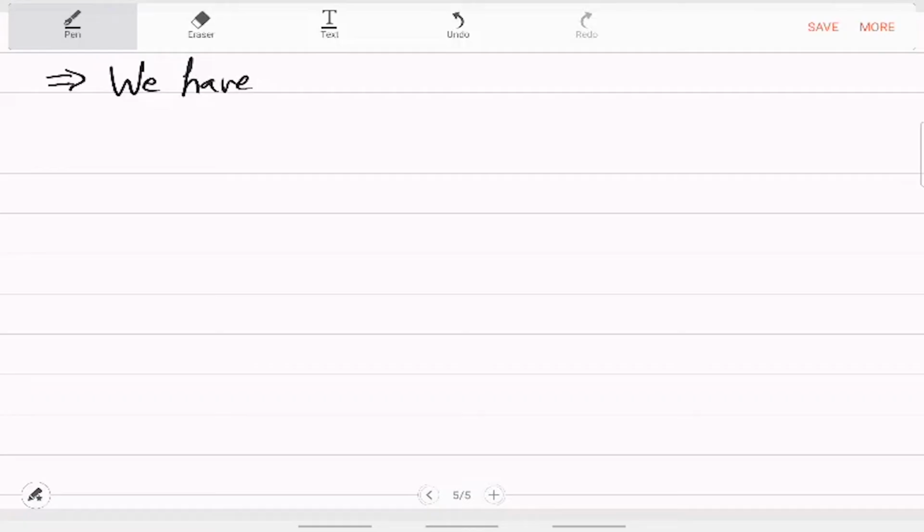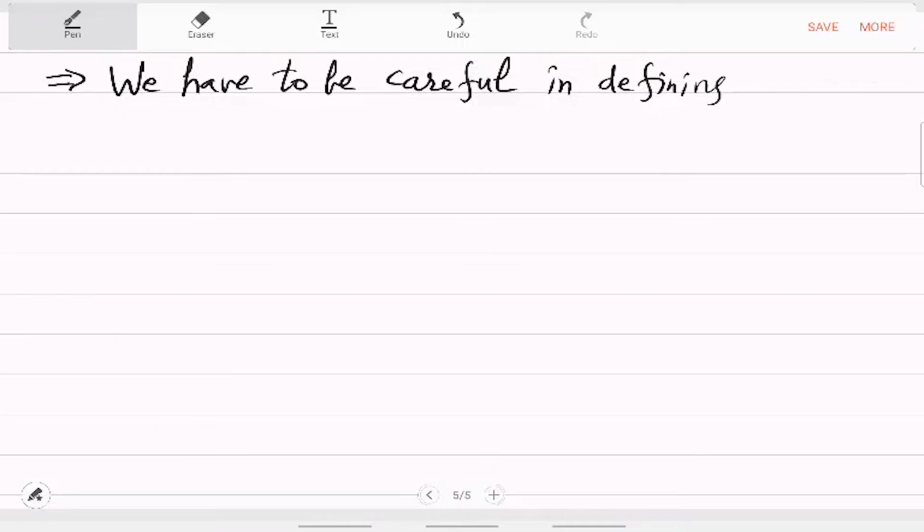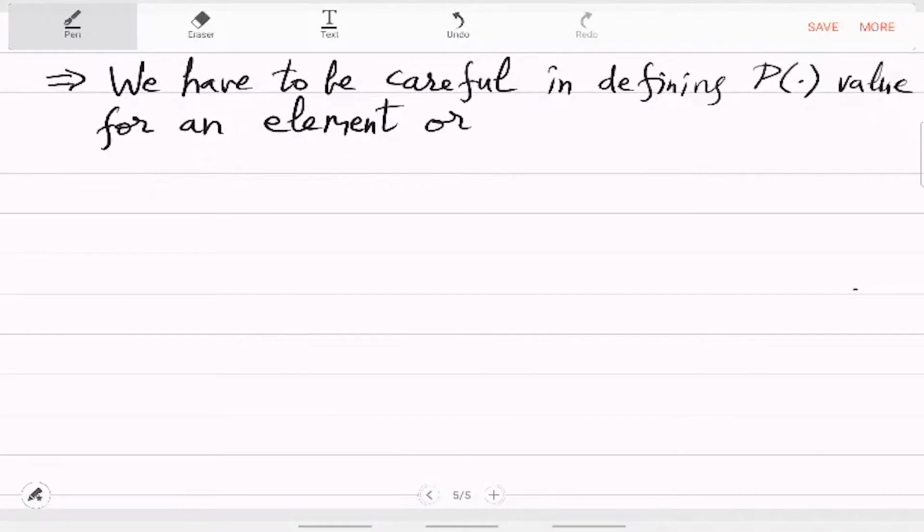So we have to be careful in defining P, the value of probability for an element or subset. So think of every event as a subset of some space, but when that space is infinite, then you have to be more careful about how to define P.